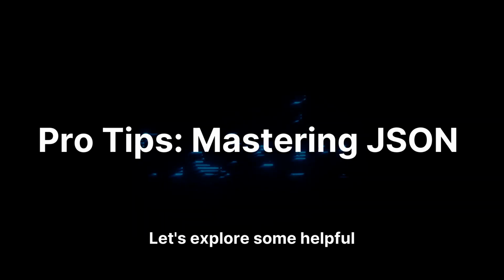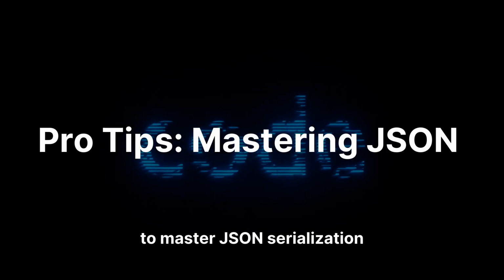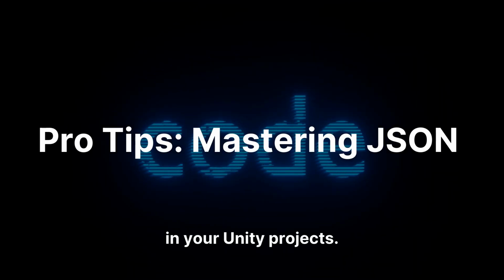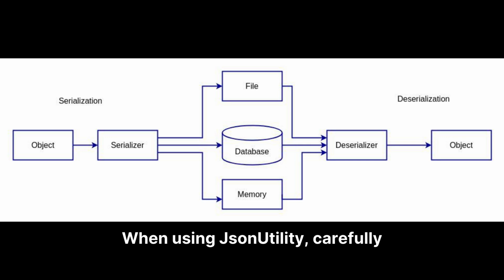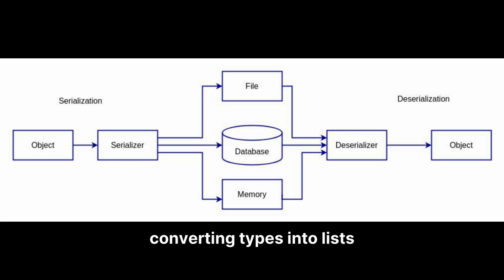Let's explore some helpful tips and best practices to master JSON serialization in your Unity projects. Always use serializable classes to define your data structure. This provides a clear blueprint for your JSON data. When using JsonUtility, carefully handle complex data by converting types into lists or arrays before serialization.